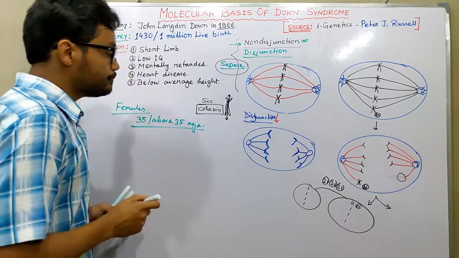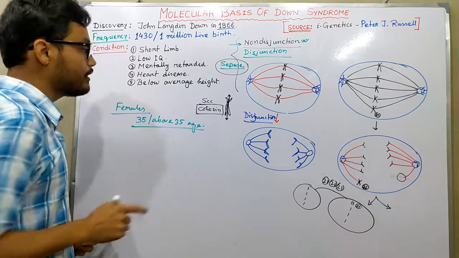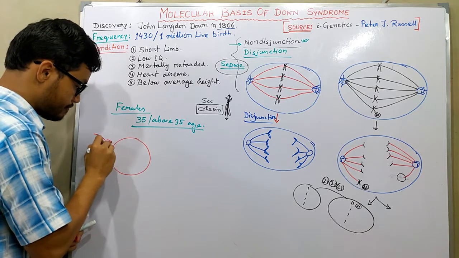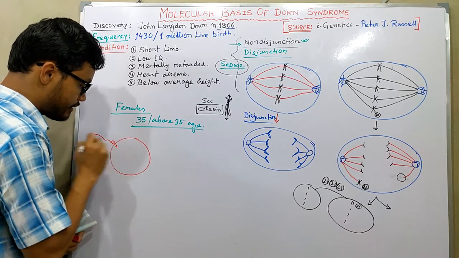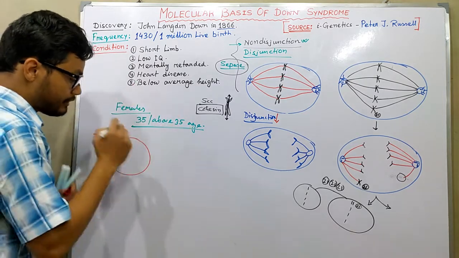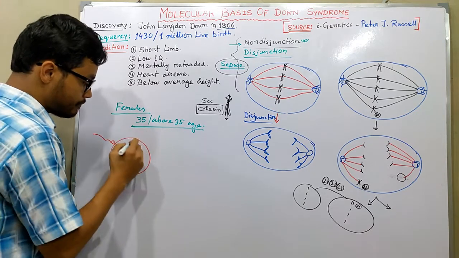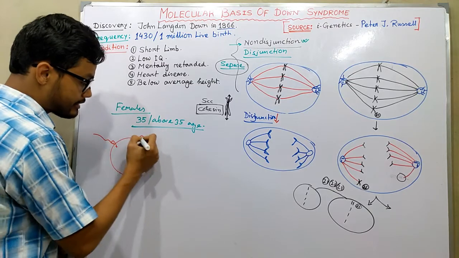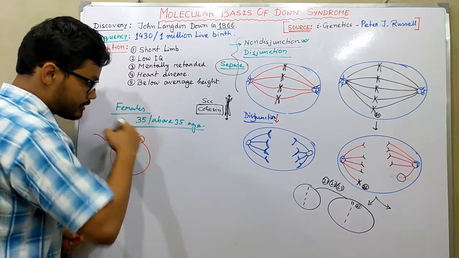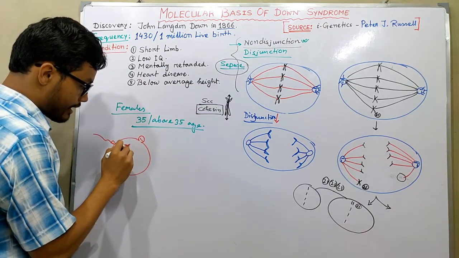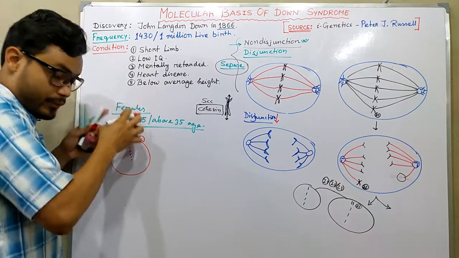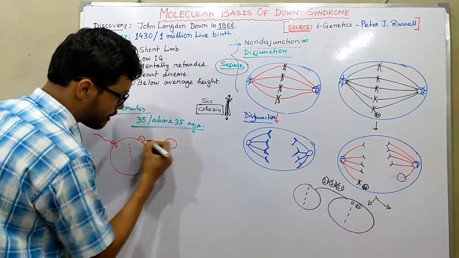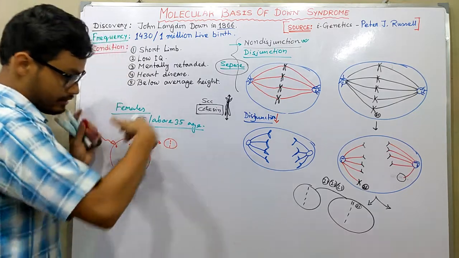Okay, so we all know that when a sperm enters an ovum, the ovum produces a secondary polar body consisting of one set of chromosomes, while another set of chromosomes resides within the ovum, and the secondary polar body leaves the ovum.